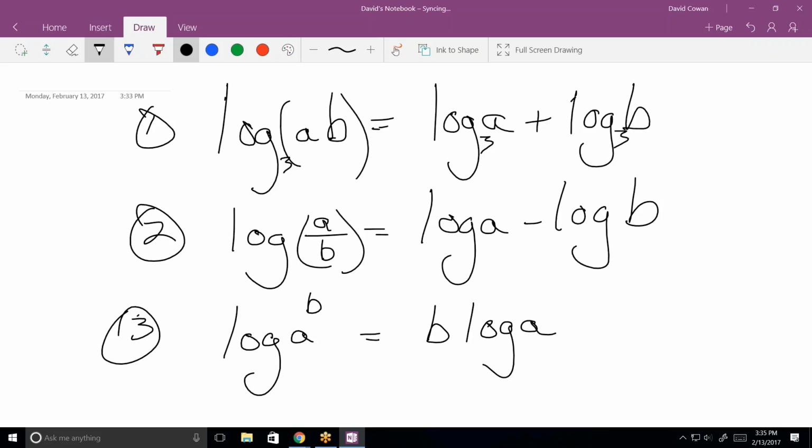What is the log of 6 going to be equal to? And in fact, let's make it base 3. What's the log base 3 of 6? Using rule number 1.